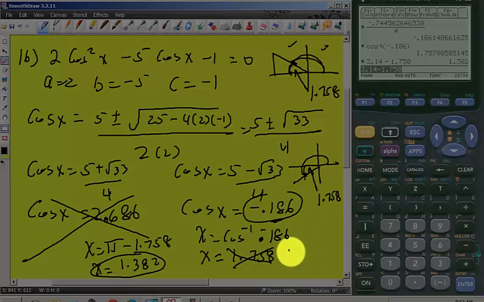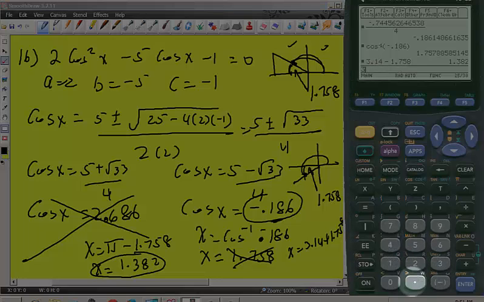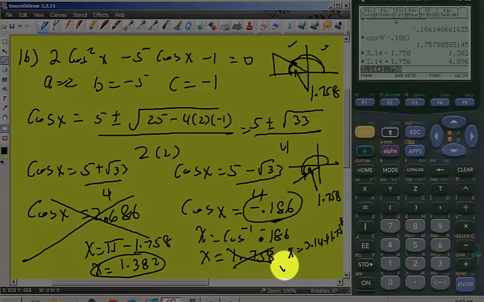That's going to be x is equal to 3.14 plus 1.758. And that turns out to be my x is equal to 4.898, and there it is.